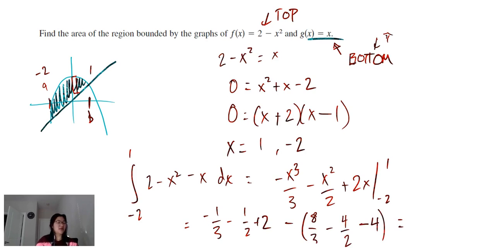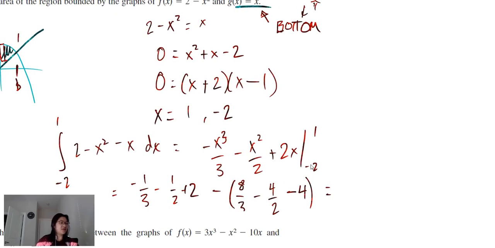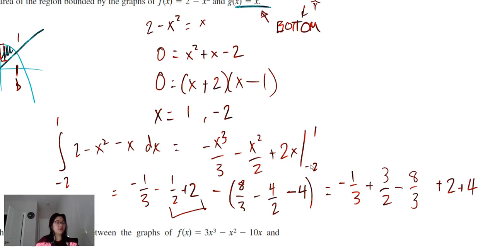And then we evaluate that. Negative 1/3 minus, or plus 3/2, I'm just combining those two. And then minus 8/3 plus 2 plus a 4.